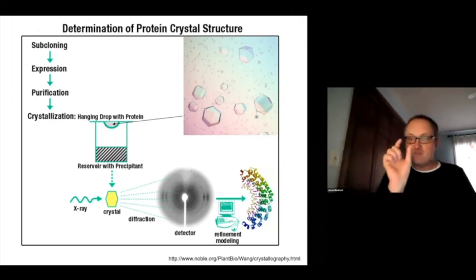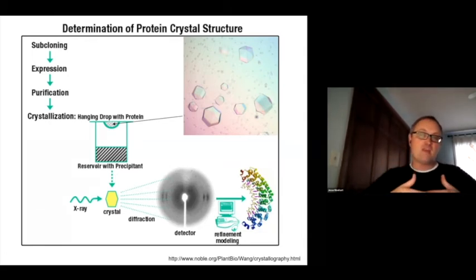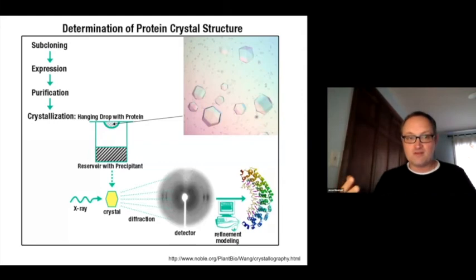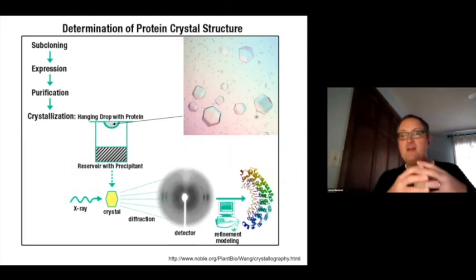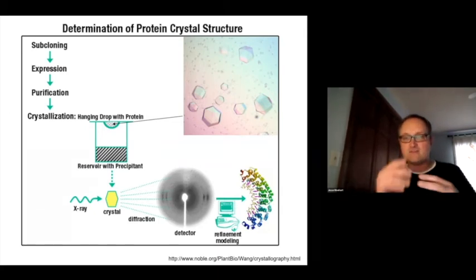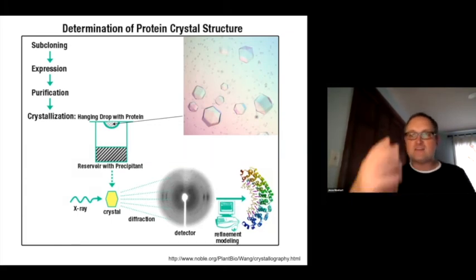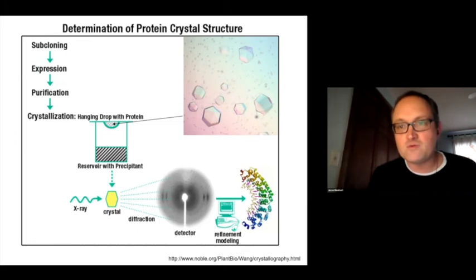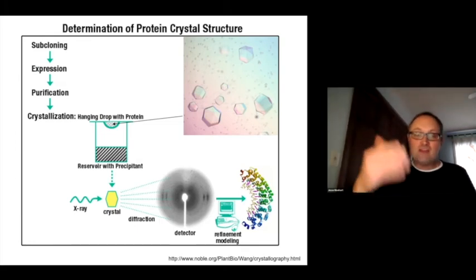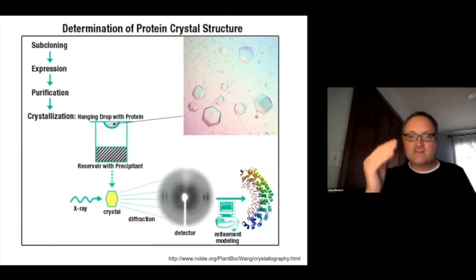You're taking a single protein, a single clone at the DNA level, and amplifying that protein, usually in a host, so a human protein being expressed in bacterial cells, or in yeast cells, or even insect cells, to get lots and lots of that protein, and you purify that to homogeneity. So you're increasing the copy number of that protein, and you're purifying it, so you have just that protein.